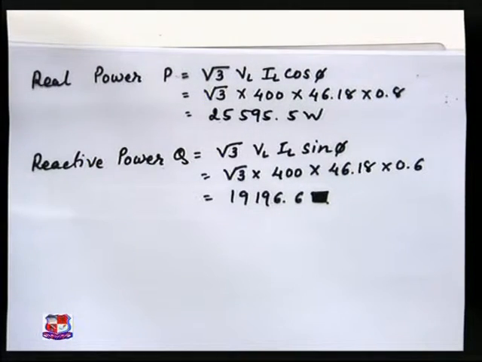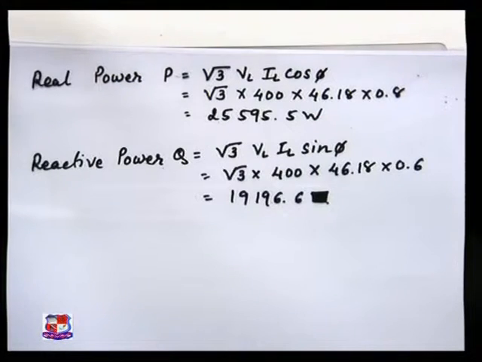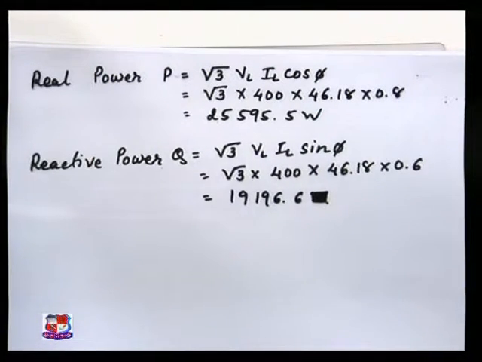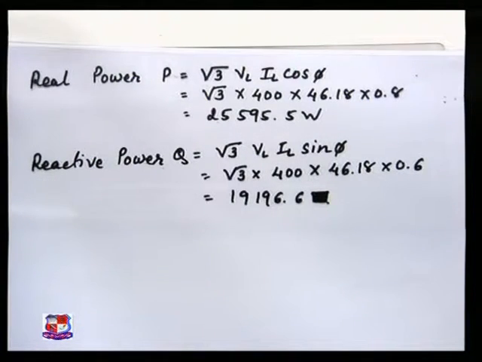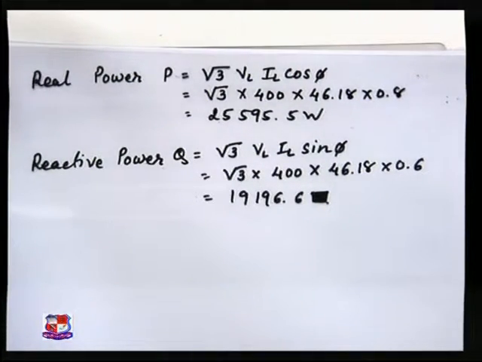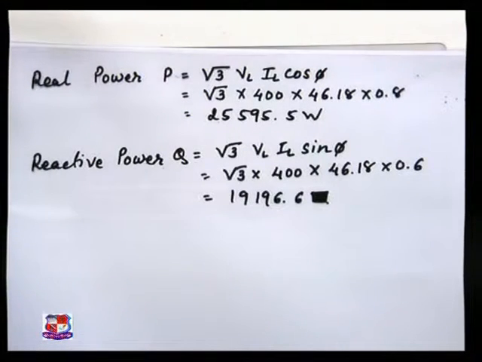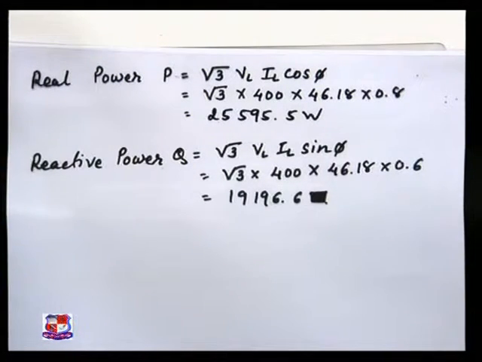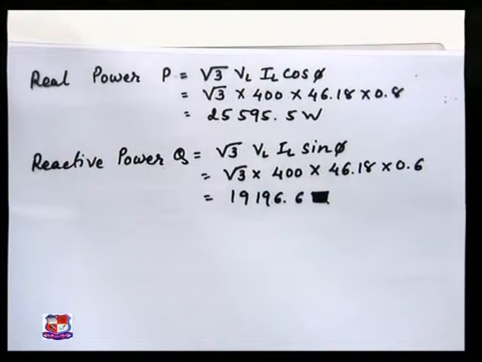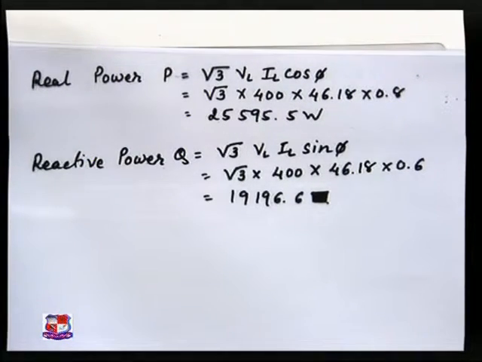So P is equal to root 3 into 400 into 46.18 into 0.8, which gives the real power as 25,595.5 watt for the given circuit.